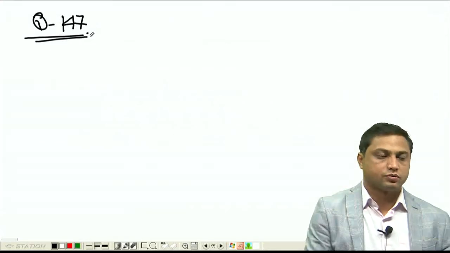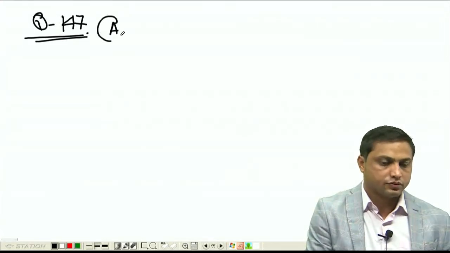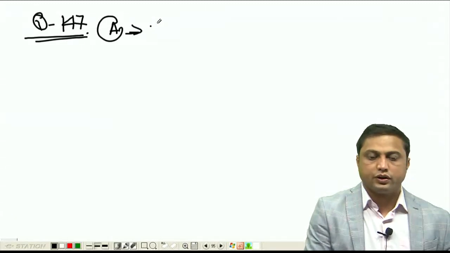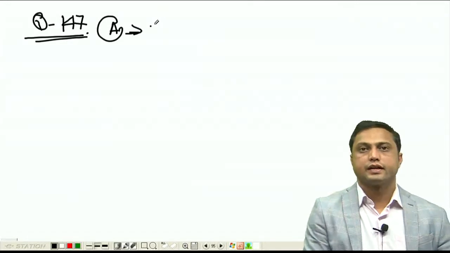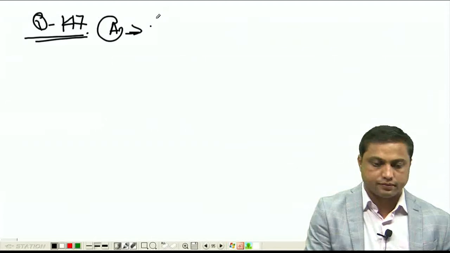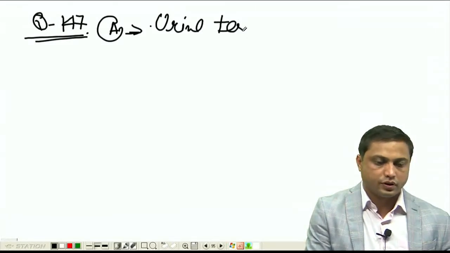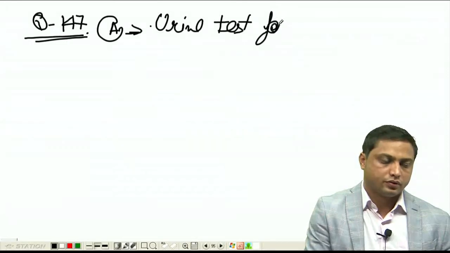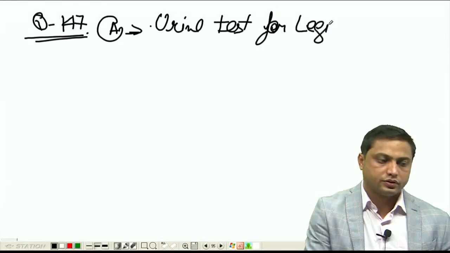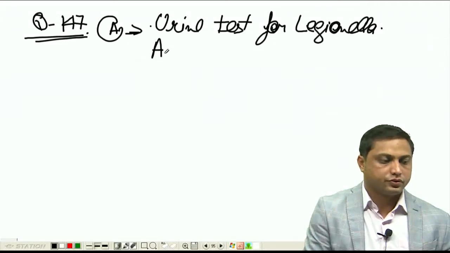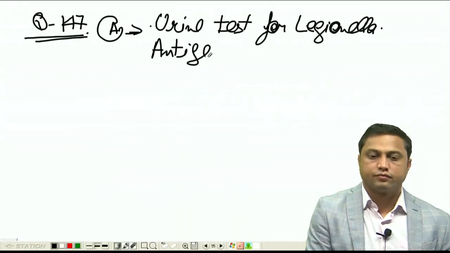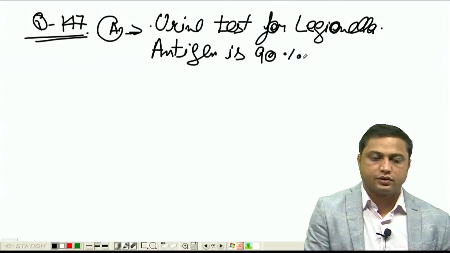Okay, so question number 147 and the answer will be A. Urine test for Legionella antigen is 90% sensitive.